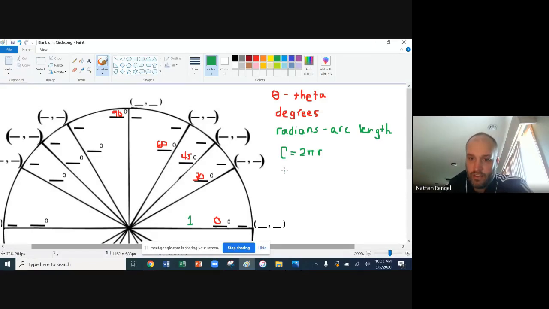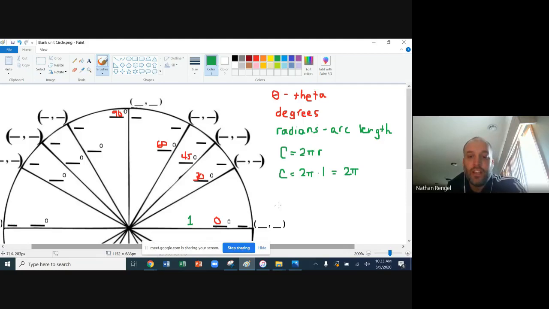So its circumference is going to equal 2 times pi times 1, which anything times 1 just is itself. So that's going to equal 2 pi. So the unit circle has a circumference of 2 pi.